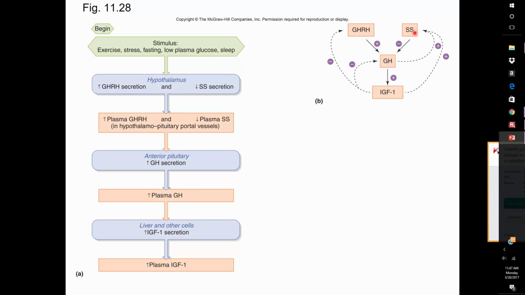Now, what the heck is SS? SS is the same thing as growth hormone inhibiting hormone. So SS equals growth hormone inhibiting hormone.